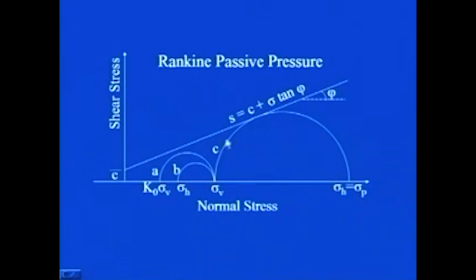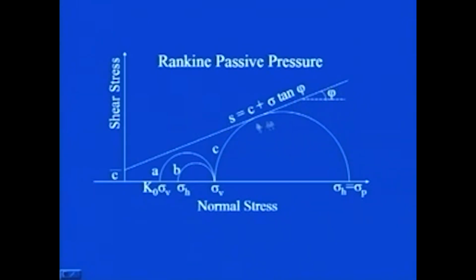One situation occurs where the Mohr circle touches the Mohr failure envelope. This particular condition corresponds to the passive condition, and the corresponding horizontal stress is known as Rankine's passive pressure.